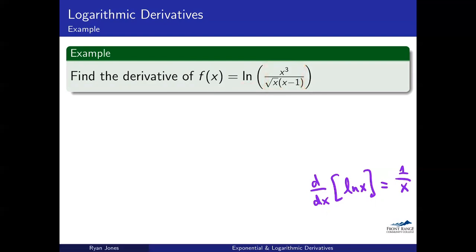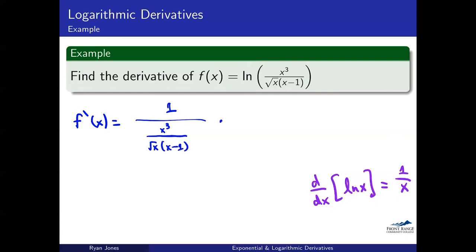So yeah, I can do the derivative of my outer part, leaving the inner part untouched. So I can do my 1 over all of this. I can write that out. 1 over x cubed over square root of x times x minus 1.